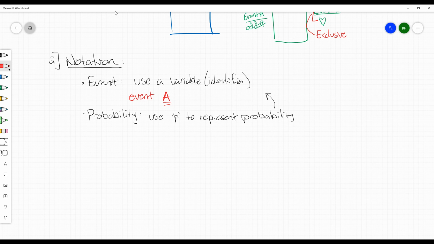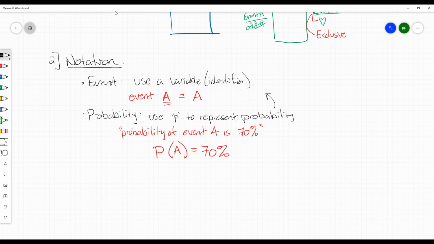So here we have the phrase, the probability of event A is 70%. The notation for this is P of A equals 70%. This is how I'd want you to represent the problem. And up here, the event A would just be represented by an A. So here it would be your notation for probability usage.